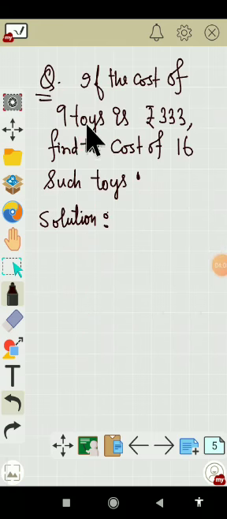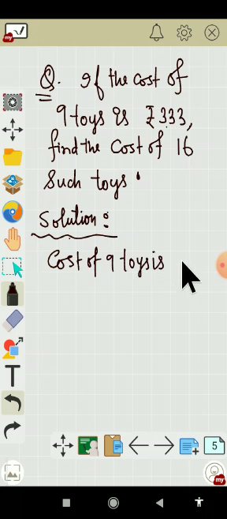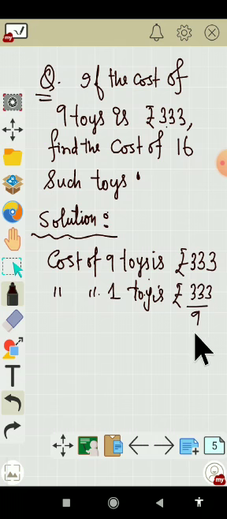So the question is, if the cost of 9 toys is 333 rupees, find the cost of 16 such toys. So here we will use the unitary method. The cost of 9 toys is rupees 333. So the cost of one toy is rupees 333 by 9.